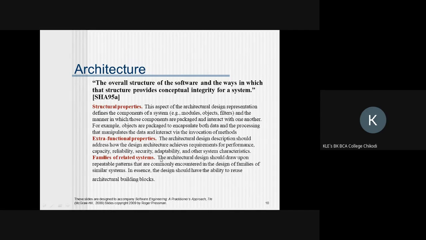Families of related systems. The architecture design should draw upon repeatable patterns that are commonly encountered in the design of families of similar systems. During the designing of any system, we need to follow the patterns.